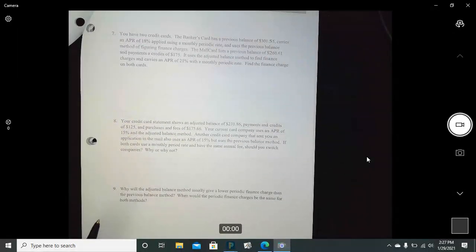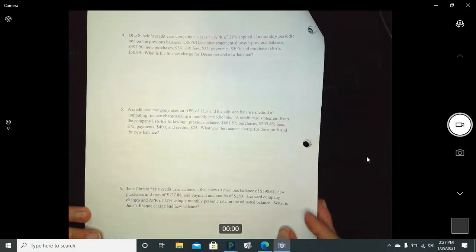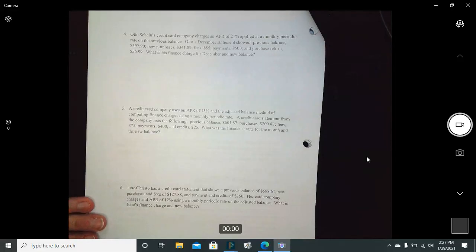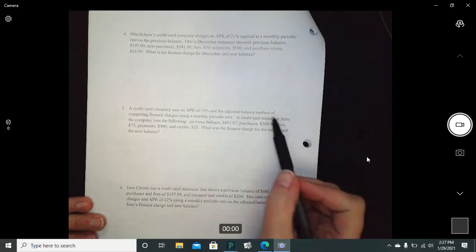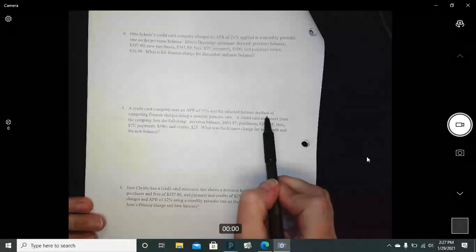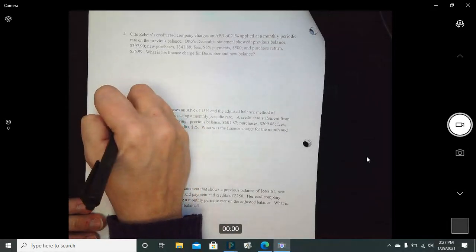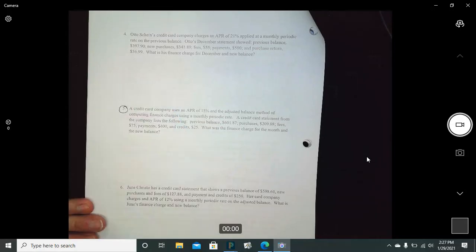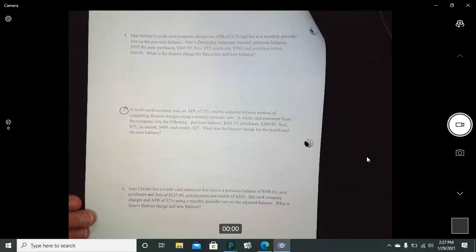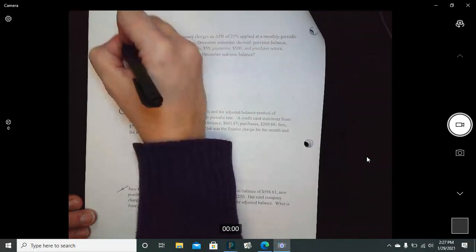So if you look to the next pages, this is the adjusted balance method for this one. I would tell you to go ahead and try 5 and skip 4 and 6.